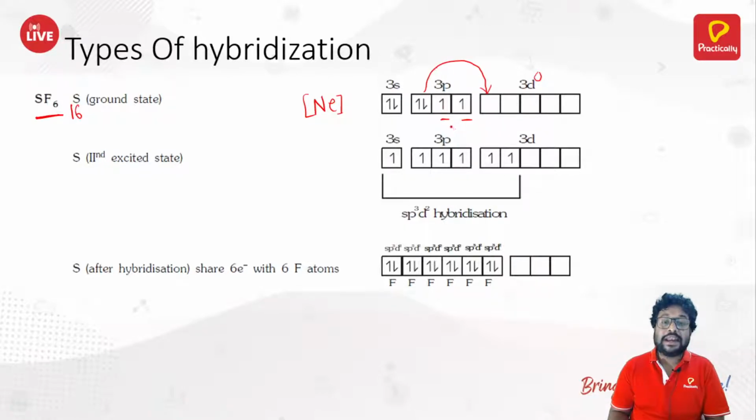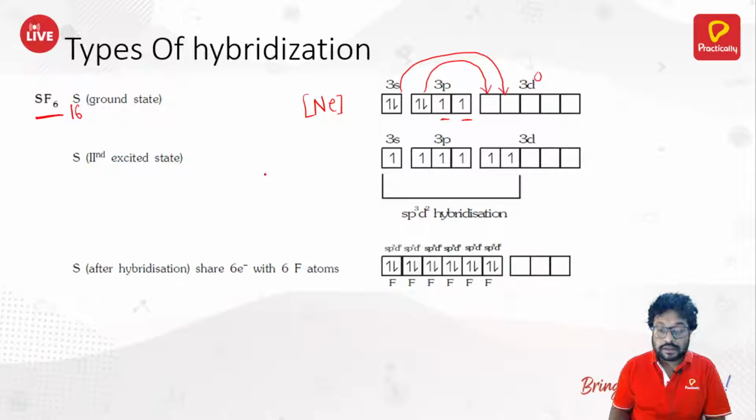But since we needed 6, in the second excited state this electron pair from 3s also gets promoted here. And now you have 6 unpaired electrons. So this 3s, 3p and 3d, all of them together overlap to give you sp3d2. You get 6 sp3d2 hybrid orbitals.